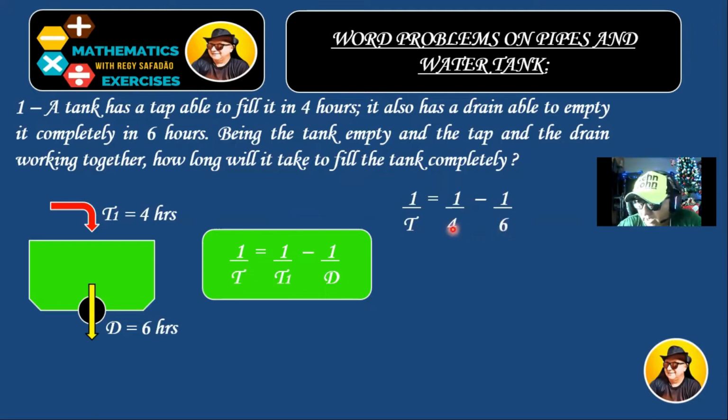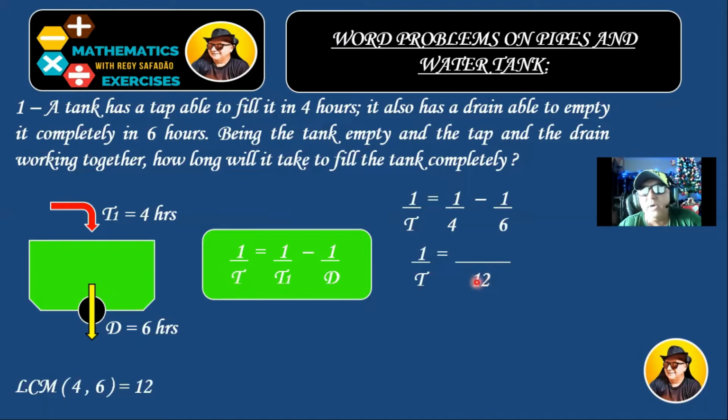Now let's calculate the LCM of 4 and 6. The LCM of 4 and 6 is 12. So we can replace, and our equation becomes like this. Now we have the LCM, 12.